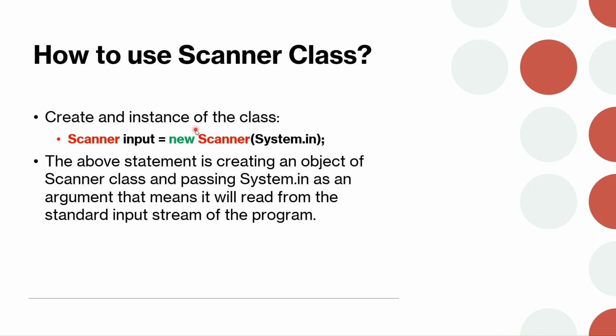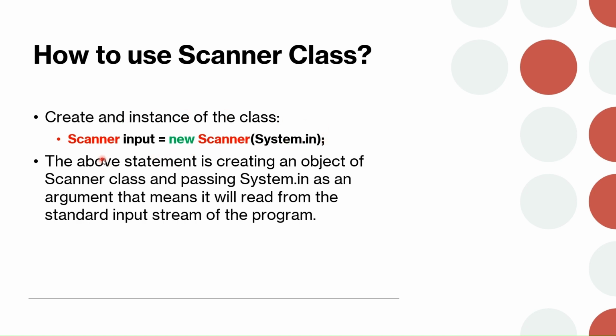How to use the Scanner class? In order to use the Scanner class, we need first to create an instance of it, which is an object. We will talk about class and object later in the course for more details, but do as I am showing you.